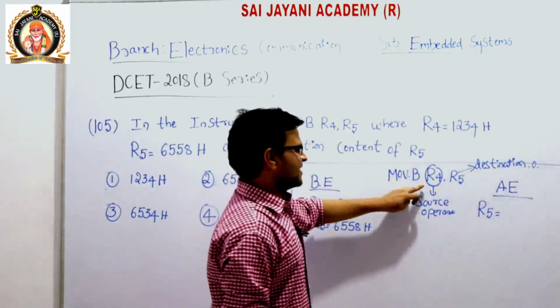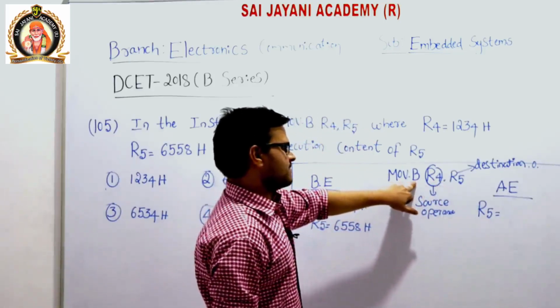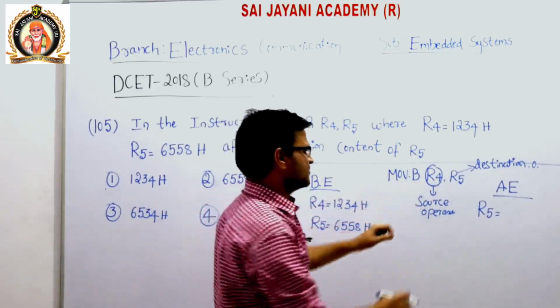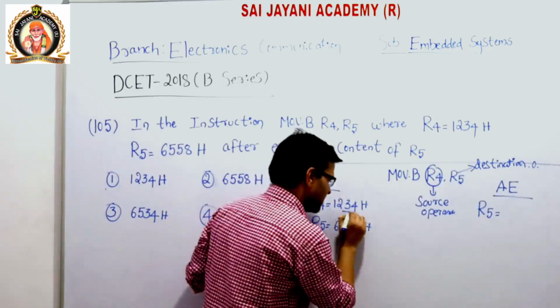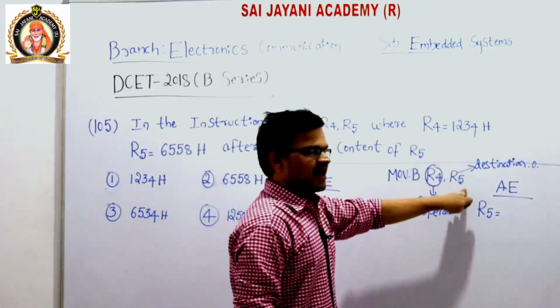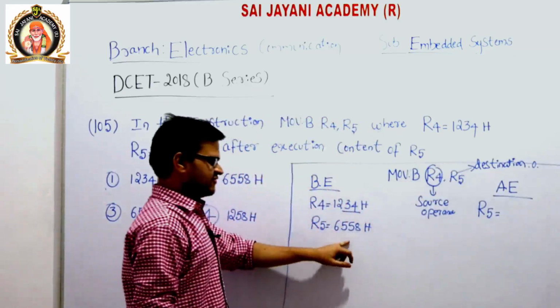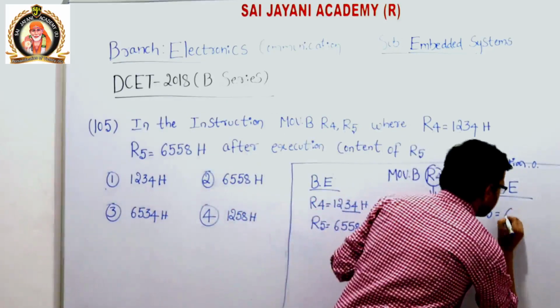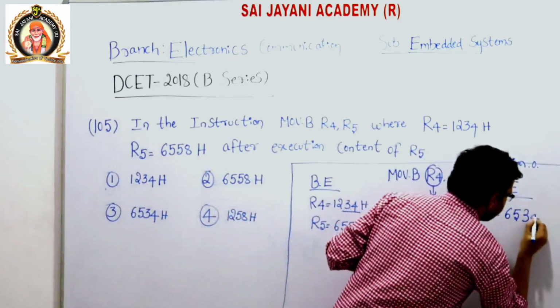Here the content of R4, in 8-bit value, since move.b represents an 8-bit value, the lower 8-bit value 34 is copied into the R5 register. Before, the R5 value is 6558; now it becomes 6534. Why?